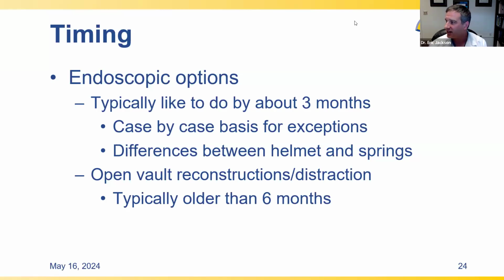I'm going to stop sharing for a second just to show a few things. So this is obviously a model head that has sagittal synostosis. Everyone has seen pictures of the helmets, but I did have an example of the springs.